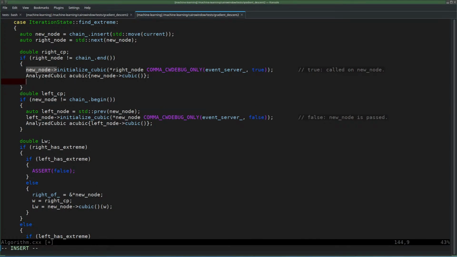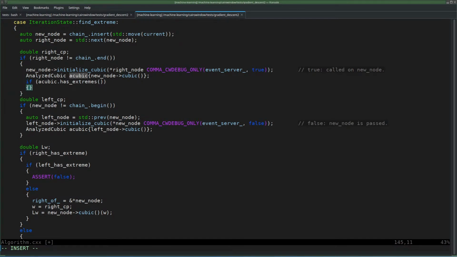So I might not continue here for now. Look exists, analyze it, and now I want to know where is my extreme. Is there an extreme? Okay, so if analyze cubic has extremes, now we know that we have extremes.